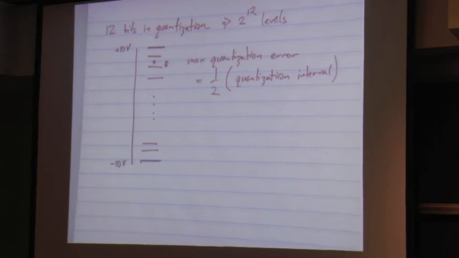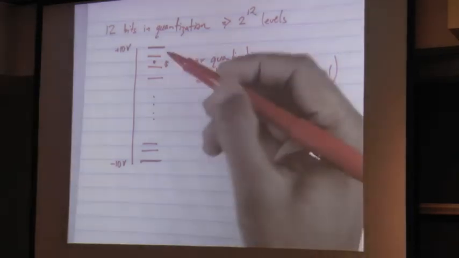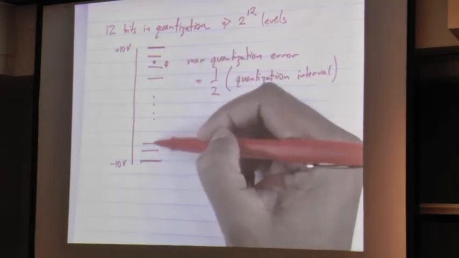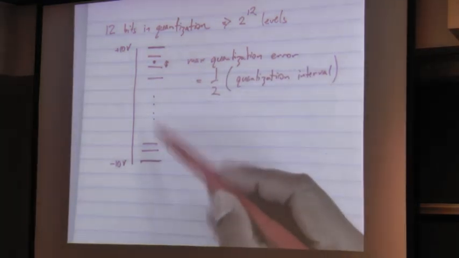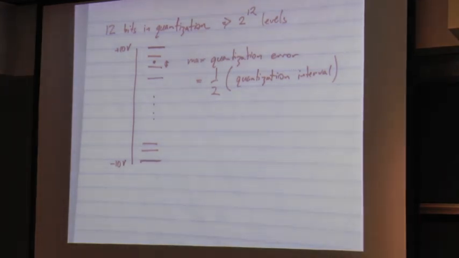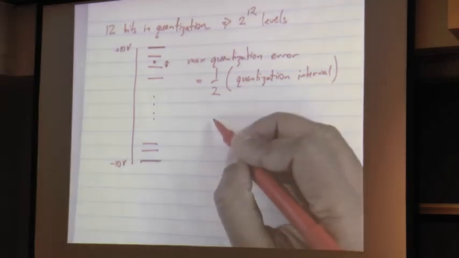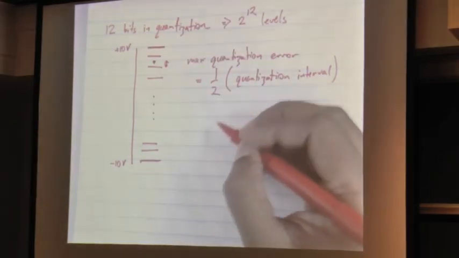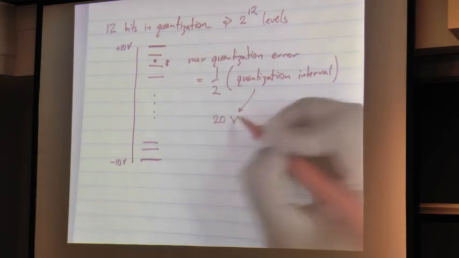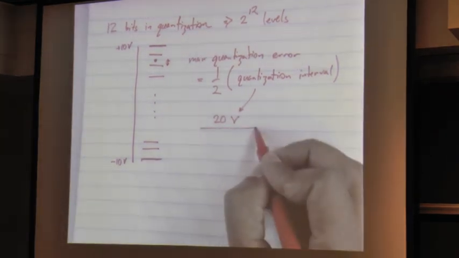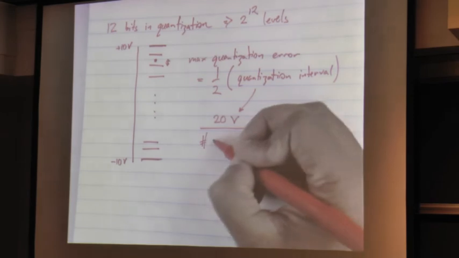So good suggestion. So we know that each of these quantization intervals, I haven't drawn them quite nicely, is supposed to be equal. So the distance between any two is going to be the entire range, 20 volts, divided by the number of intervals.